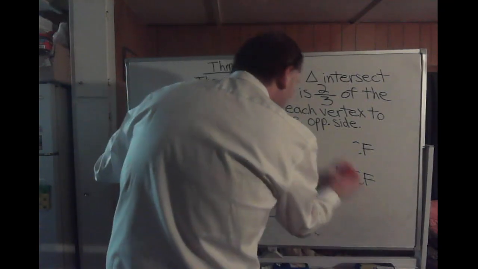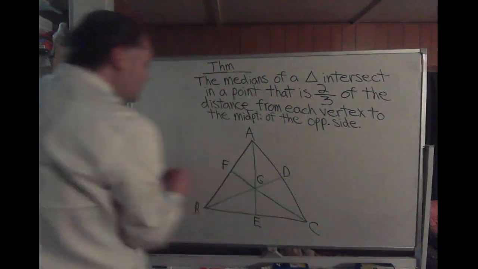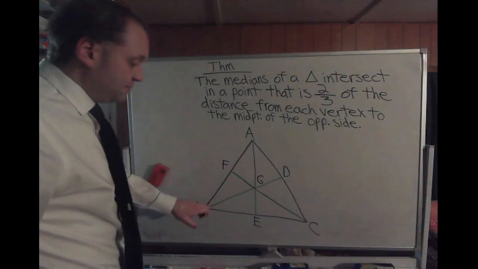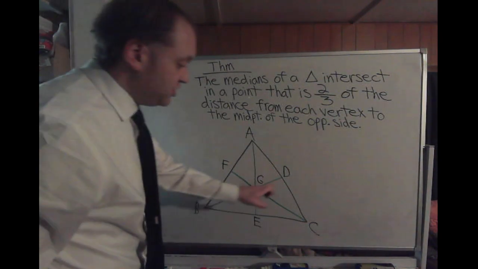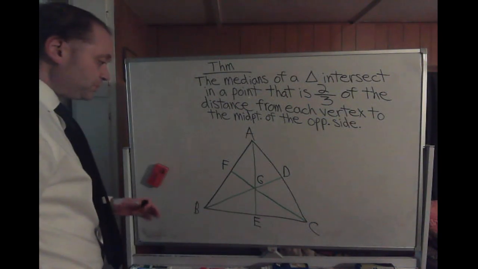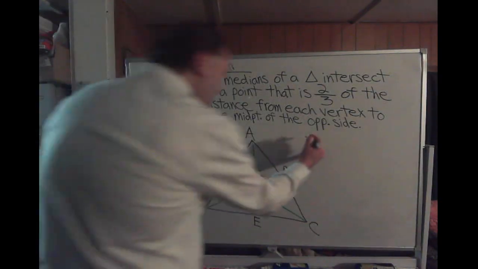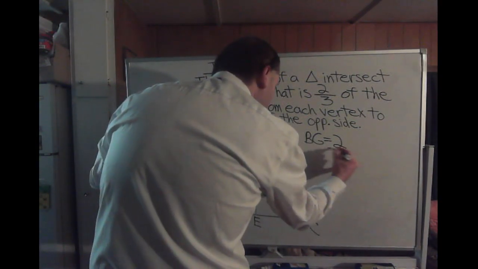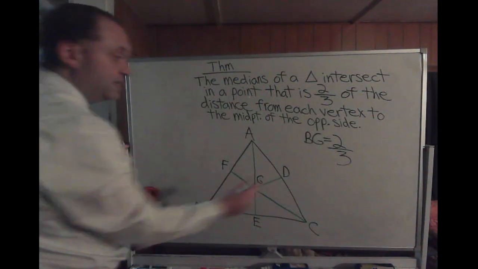And then you guessed it, let's go over the final median here. Let's do the final one. So if we look at the whole BD, that's the median from vertex B to side AC, that means that BG is going to be 2/3 of the distance of BD.